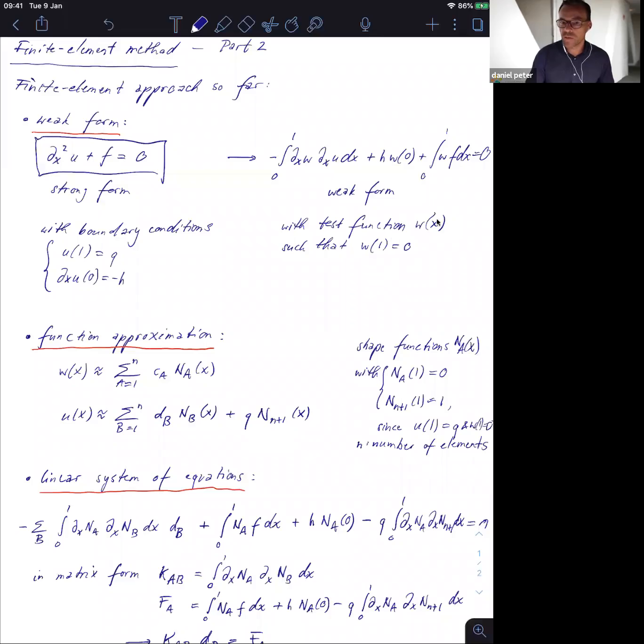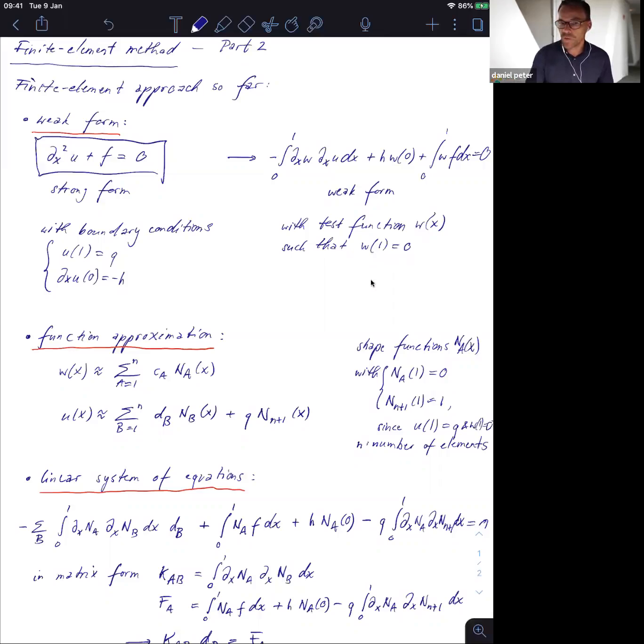We also use these test functions, w, for the weak form. Because of the Dirichlet boundary, it imposes that our test function at the Dirichlet boundary at point 1 is 0.